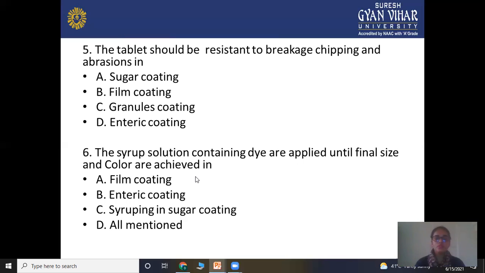It means how syrup coating takes place. A option is film coating, B is enteric coating, C is syruping and sugar coating, and D is all of the above A, B, C. You select the correct answer for this sixth question.